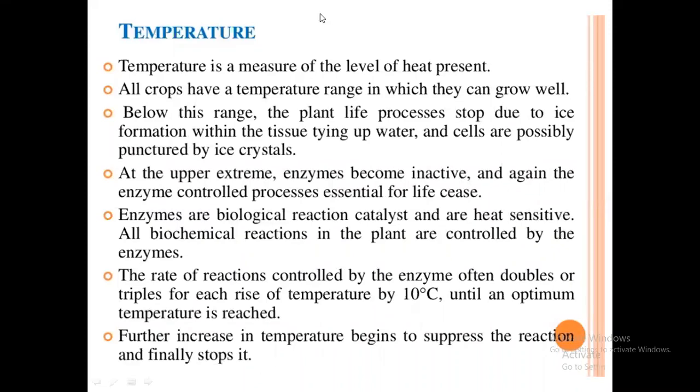Now, temperature. The rates of some reactions, that is the metabolic reactions of the plants, are controlled by temperature.